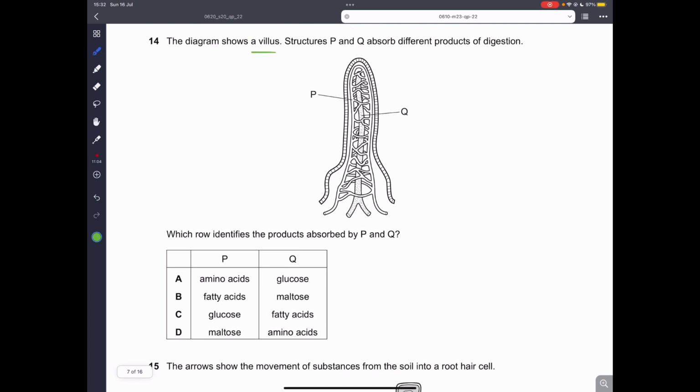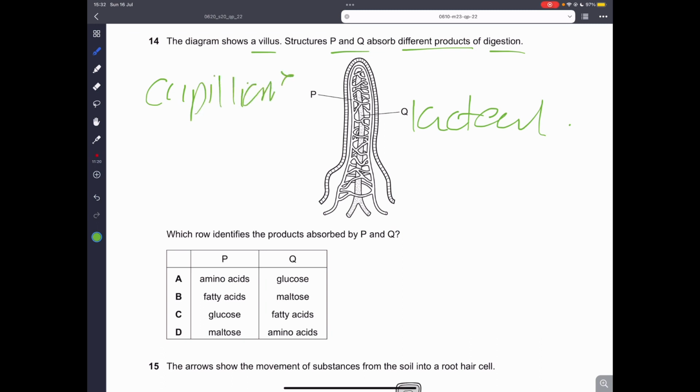14. The diagram shows a villus. Structures P and Q absorb different products of digestion. Let's label the diagram first. What is Q? Q is the lacteal. P is the capillaries. And so we know that the capillaries absorb glucose and amino acids.